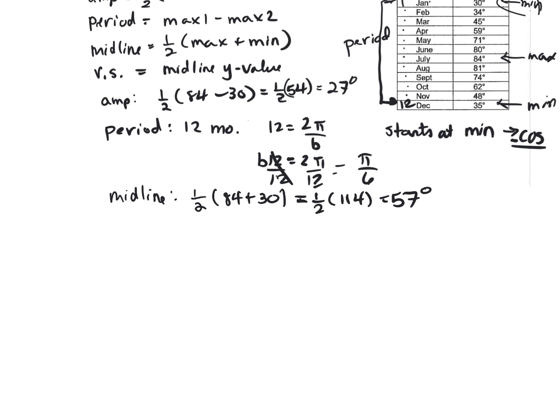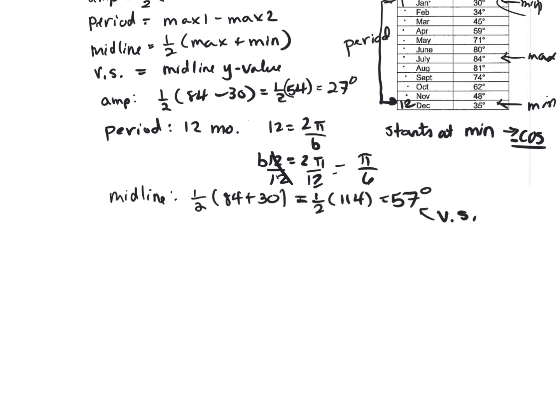Now what does that tell me? What that normally tells me is that I have a midline y value. This would be my vertical shift. So that's our vertical shift.